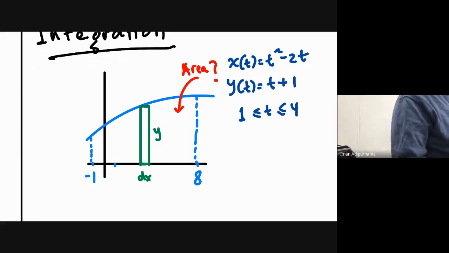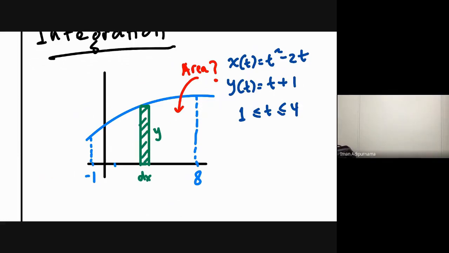By evaluating this rectangle, and then adding all the rectangles from -1 to 8, we can set up our integrals.